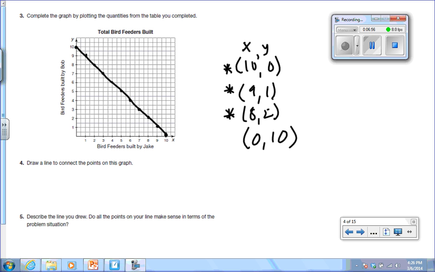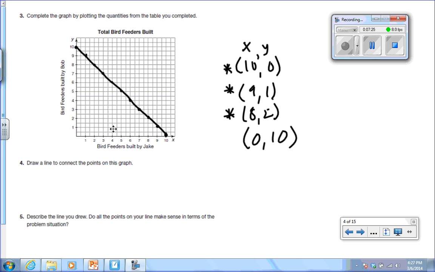So now that you had a chance to think about it, I hope you're thinking in your mind that it does not make sense to connect these points. The reason why it does not make sense is because Bob nor Jake would build half or a fourth or 3/4 or 2/3 of a bird feeder. And when you connect these points on that line, you're saying that any fractional part of a bird feeder is appropriate.